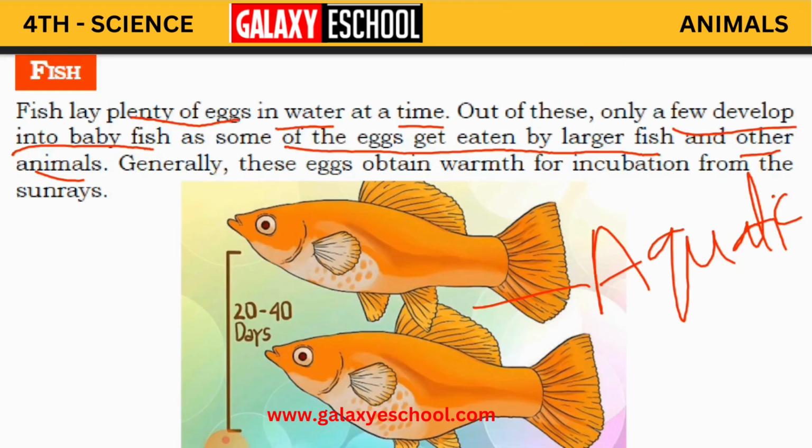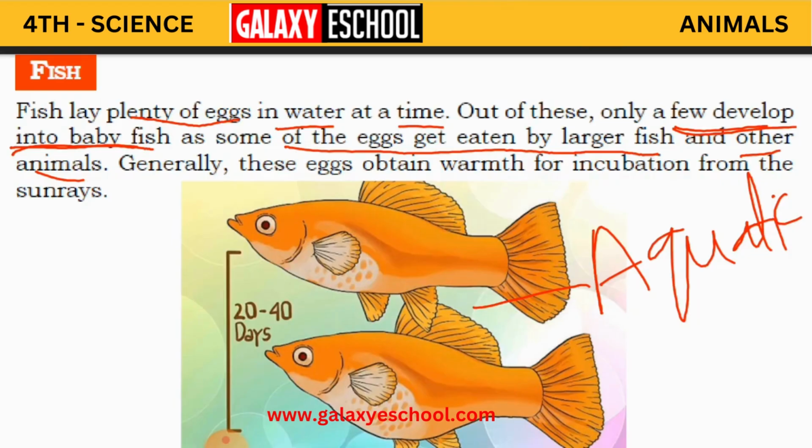Because of that, only a few eggs of fish are going to develop into baby fish, even though it lays so many eggs. Not all eggs are going to become baby fish, only some, because some of the eggs are eaten by the larger fish.